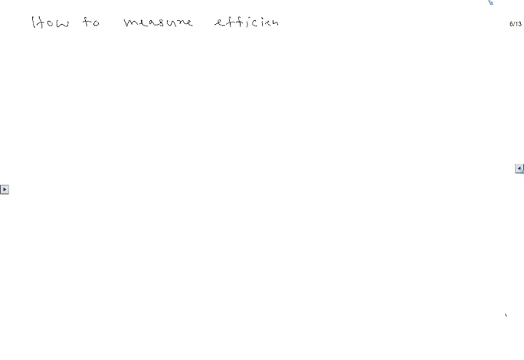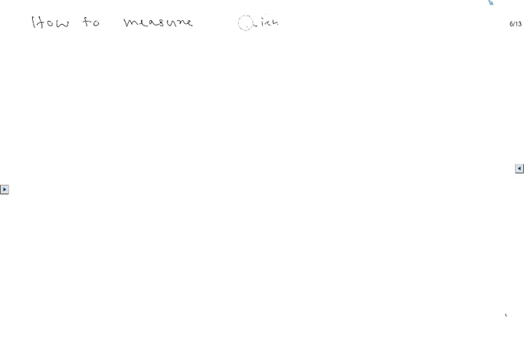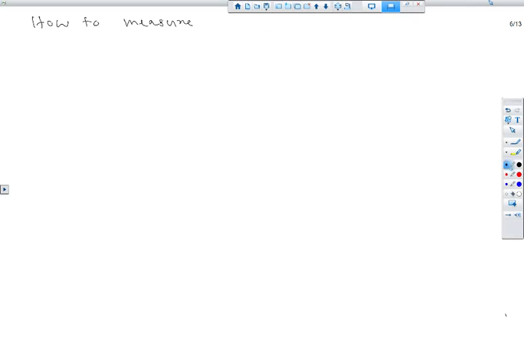Actually, how to measure accuracy, not the efficiency, accuracy. How to measure accuracy. So we can use certain things there.